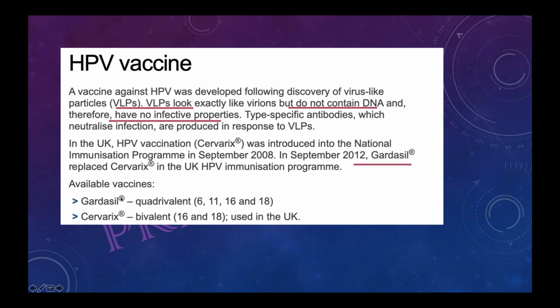Previously there were two types of available vaccines: Gardasil, quadrivalent, against 6, 11, 16 and 18, and Cervarix, bivalent, 16 and 18. Previously they used Cervarix, but now they are using Gardasil, the quadrivalent vaccine. Okay, so this is just some initial information.